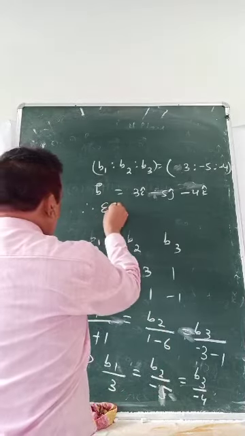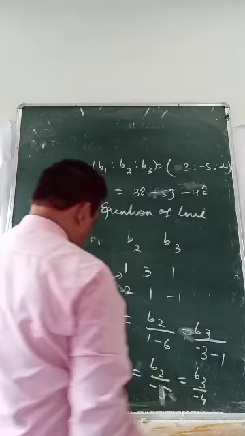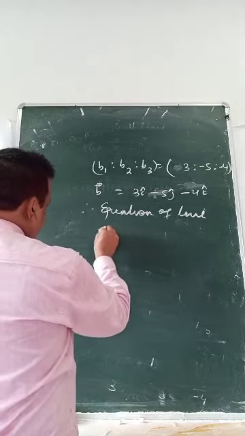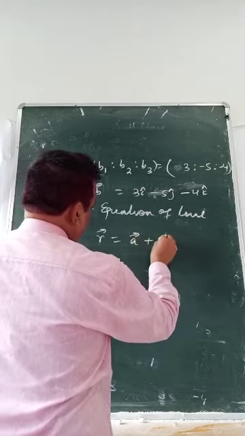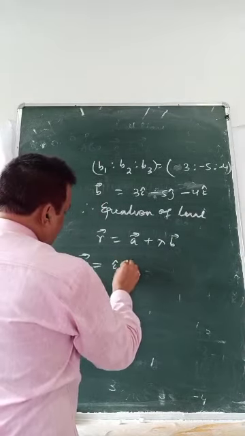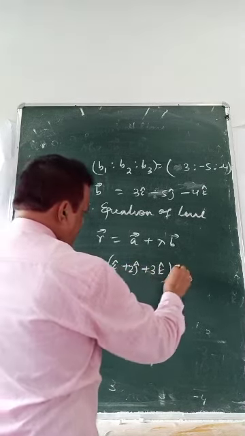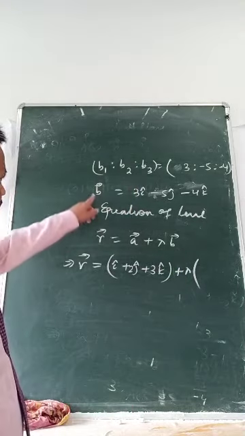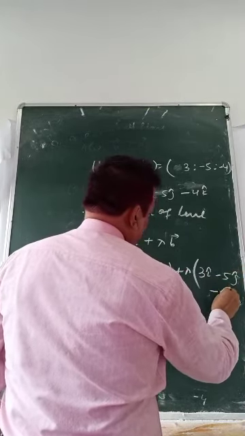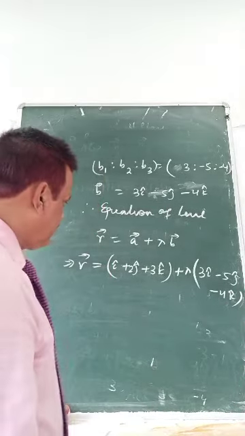Therefore the equation of the line will be r equals a plus lambda b, so r equals i plus 2j plus 3k plus lambda times 3i minus 5j minus 4k. This is your vector form.